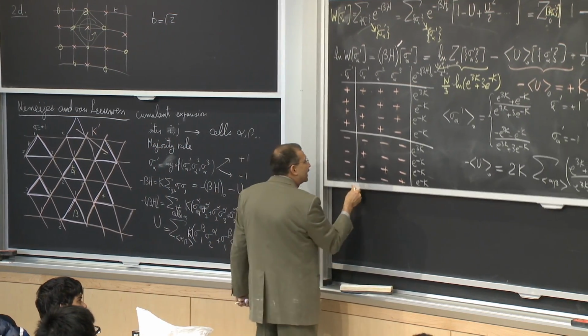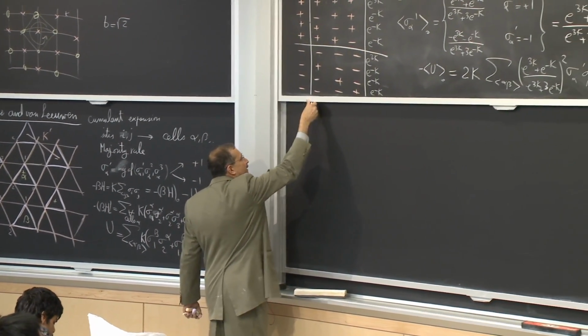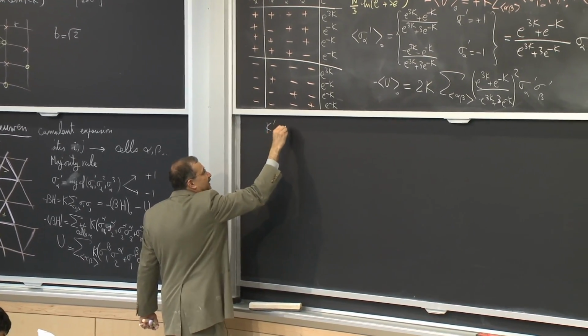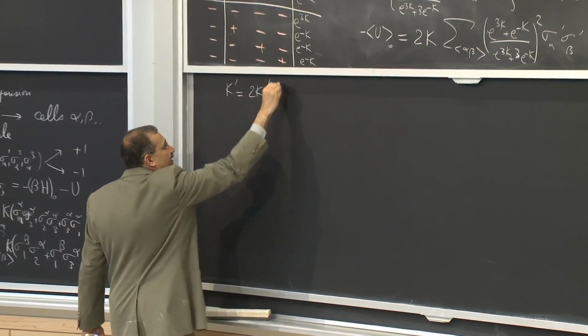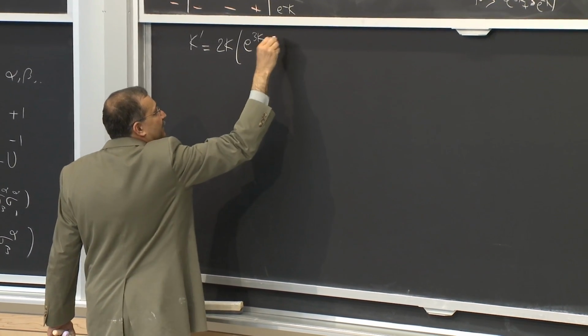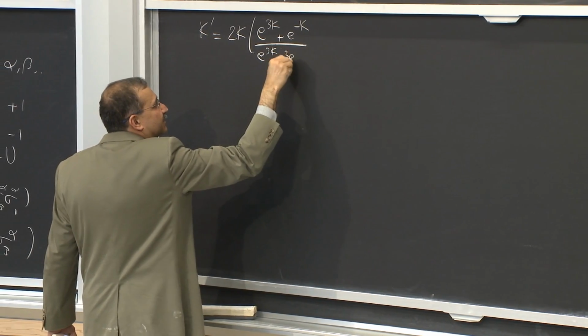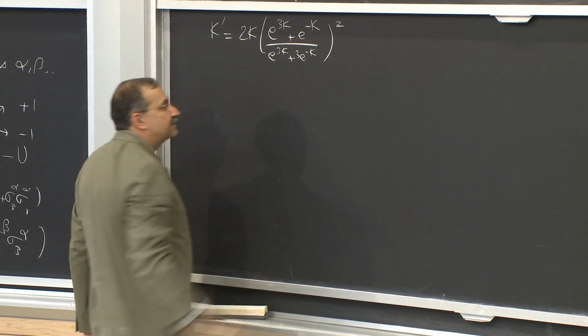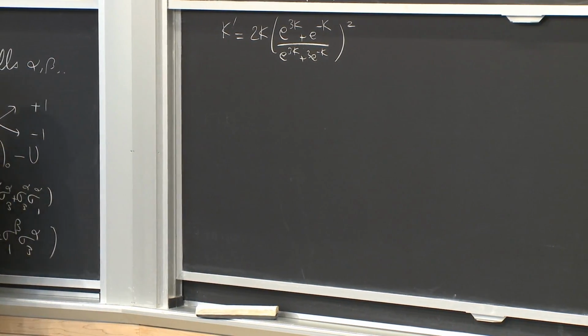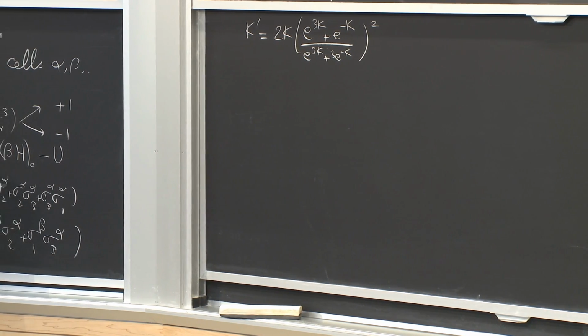And this new interaction, k prime, is simply 2k times e to the 3k plus e to the minus k over e to the 3k plus 3 e to the minus k, squared.